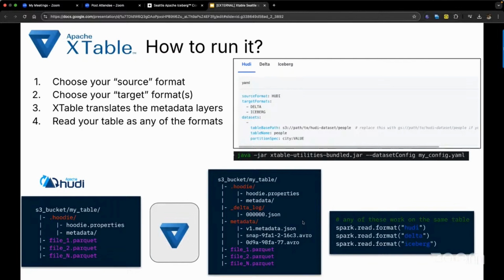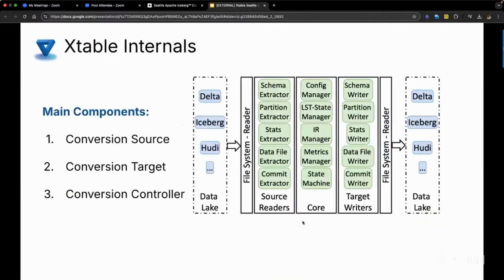The benefit of that is I haven't gone through any complicated migration process of recreating data files or recreating tables. All I've done is create metadata, and essentially I can bring an engine, something like Apache Spark, and interact with that same data with all these formats, as you can see with spark.read.format.